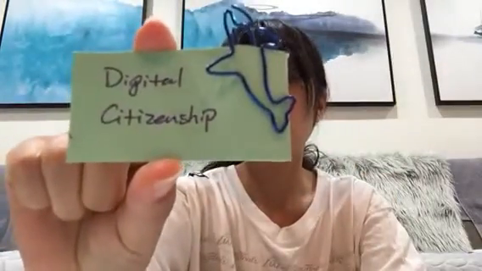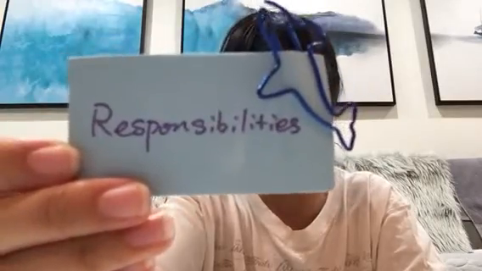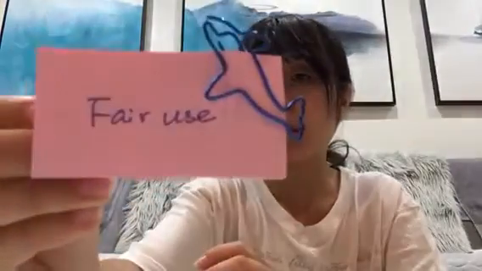Now let's introduce what kind of cards we have in the game. Green represents digital citizenship questions. Blue is for responsibility questions. Yellow is copyright. Pink is fair use.